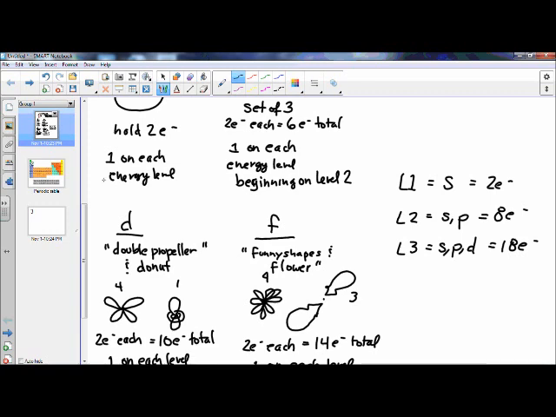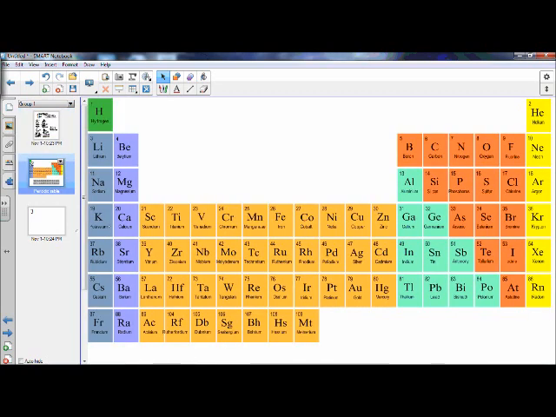So if you get your periodic table out, see if you can locate the pattern, because we need to understand the patterns in order to do what is called electron configuration. Here's our periodic table. Remember, level 1 holds 2 electrons, level 2 holds 8, level 3 holds 18, and so on.